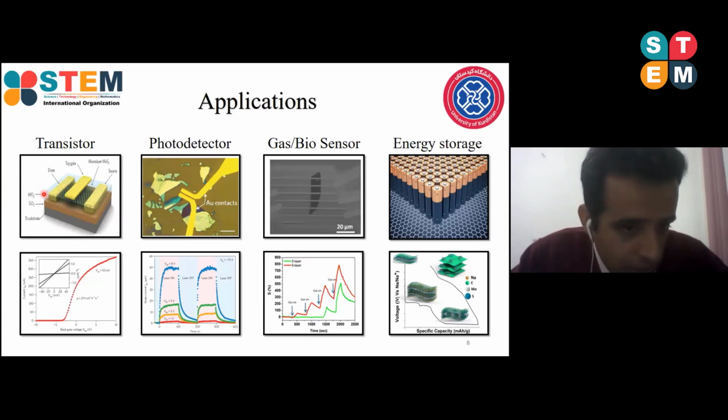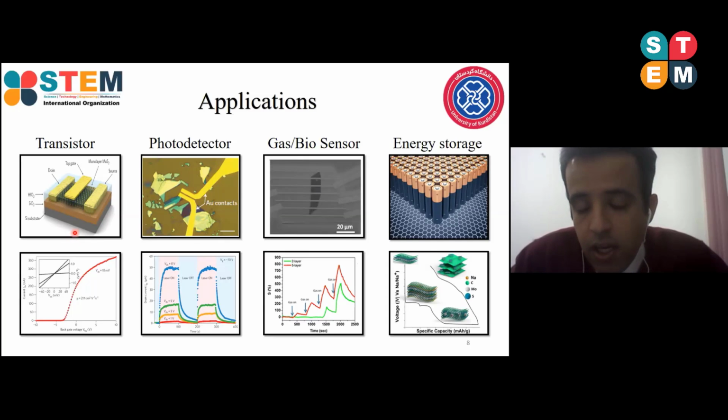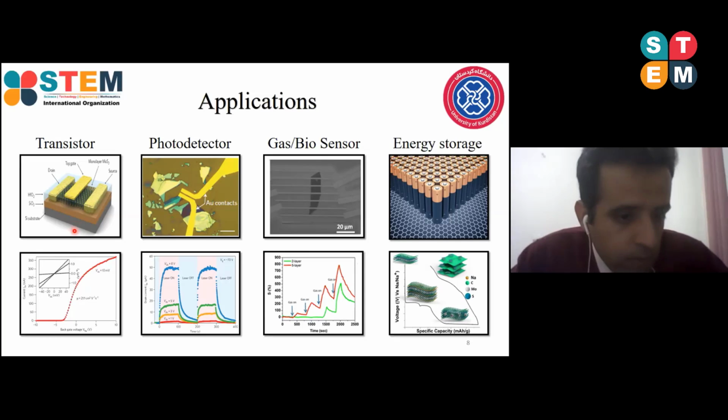For example, they are used for fabricating transistors because they provide high carrier mobility with considerably good on-off switching. They are used as photodetectors for the detection of light.